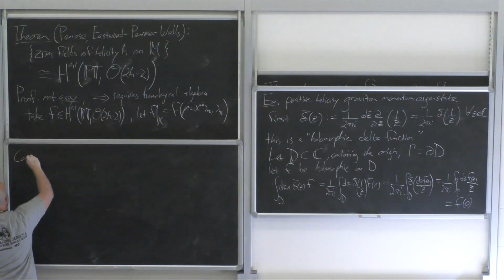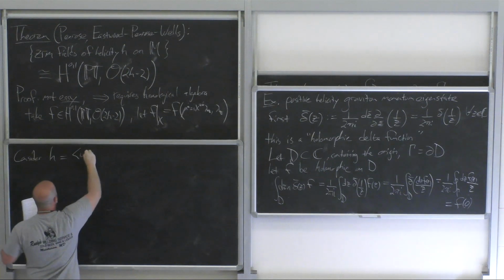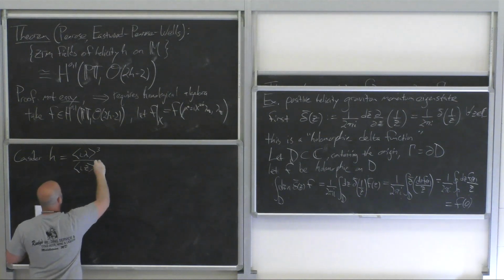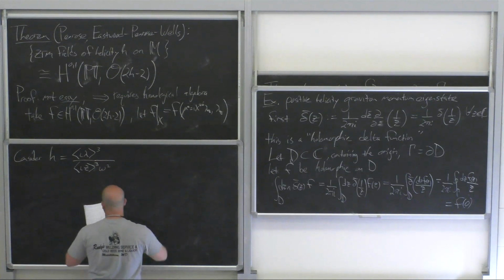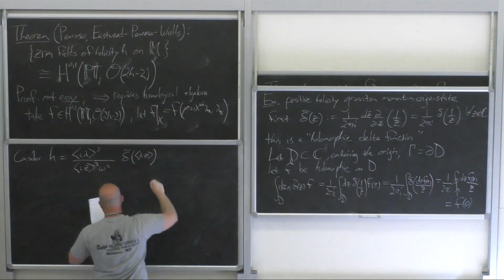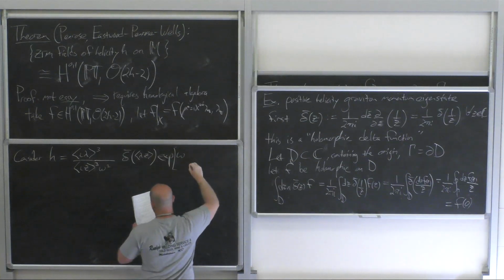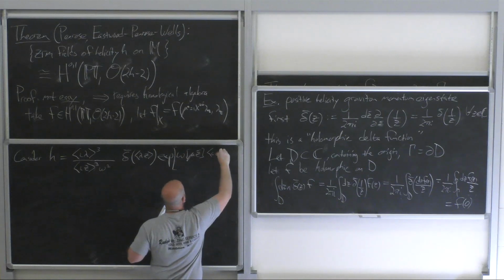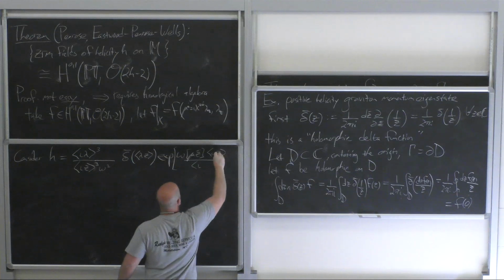Consider h to be iota lambda cubed over iota z cubed, times 1 over omega squared, times delta bar of the angle bracket lambda z, and then an exponential of omega mu z bar iota z over iota.